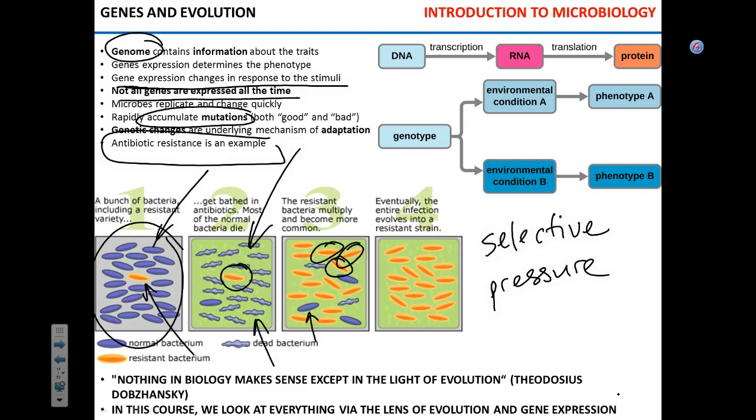And eventually, you get a resistant population. Does that make sense? So, a certain pattern of gene expression in orange cells gave them a fitness advantage under certain selective pressure. And the phenotype of the population changed. Does that make sense?